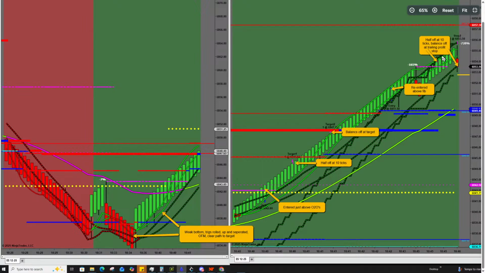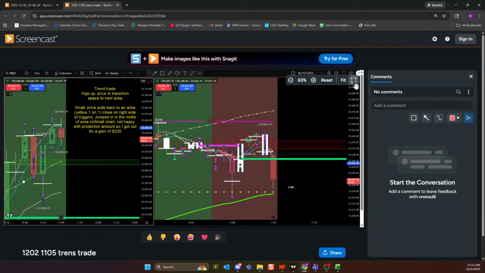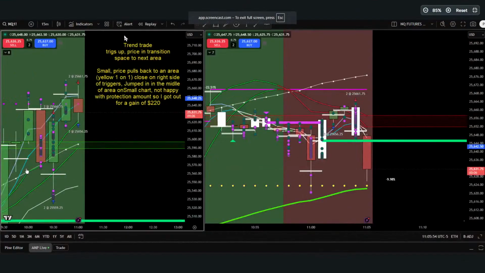In. Out. That second contract, let it run. Nice one, Pete. Let it run. See what it does, right? Trend trade triggers up, price in transition, space to the next area. Yellow 1-to-1s, close above, prairie dog, right into trouble.